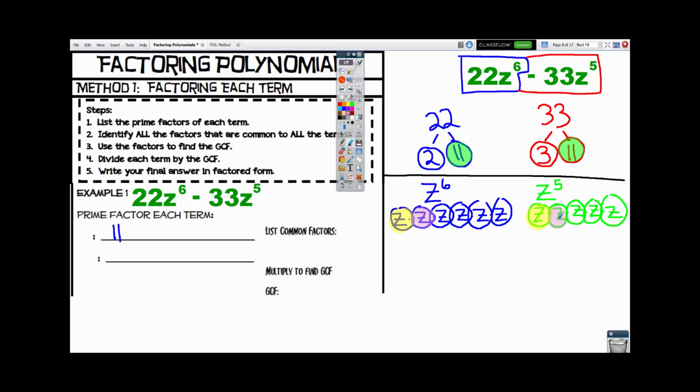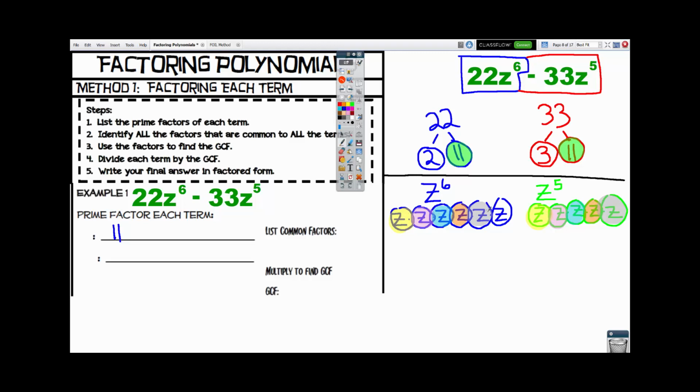We have a second z that can be factored out. A third z can be factored out. A fourth z that can be factored out. And a fifth z that can be factored out. And I believe that's all we can remove, because this term over here has run out of z's to donate to our cause.